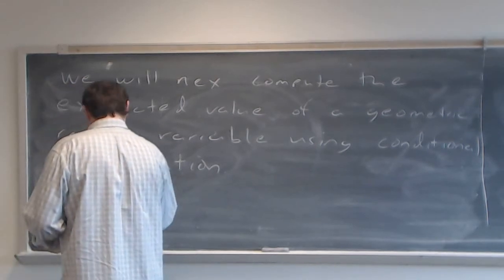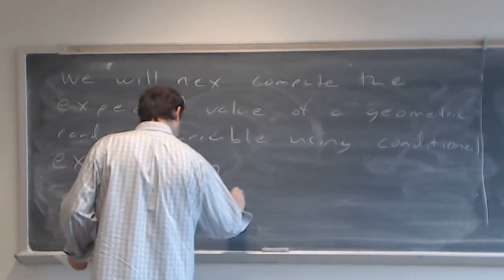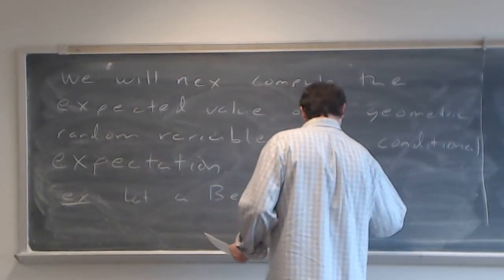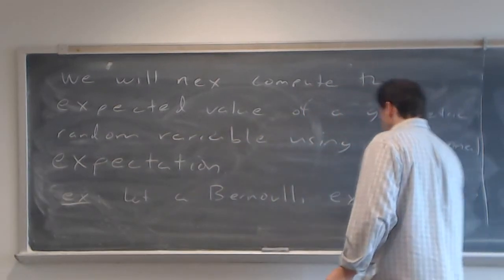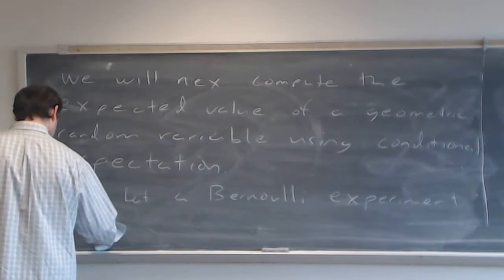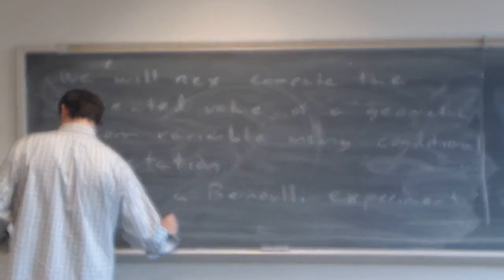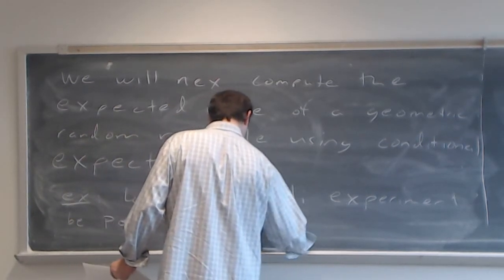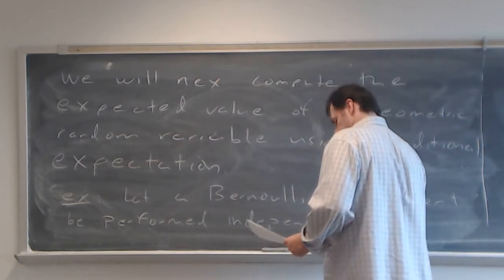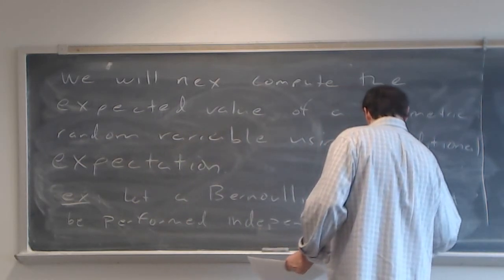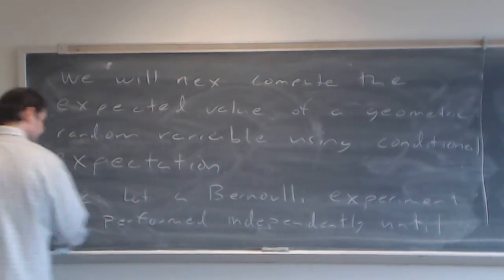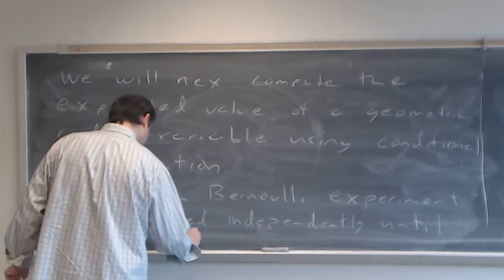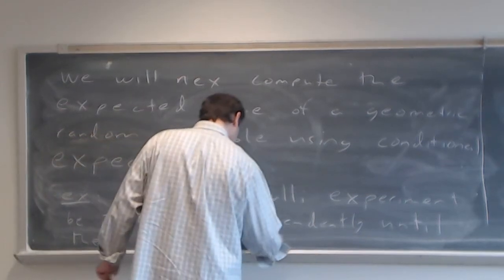Let a Bernoulli random experiment be performed independently until the first success occurs. The geometric had to do with the first success.